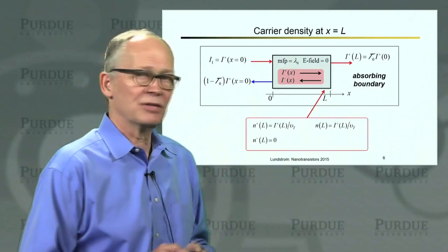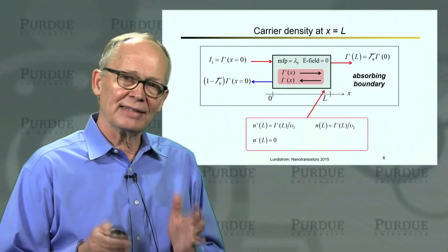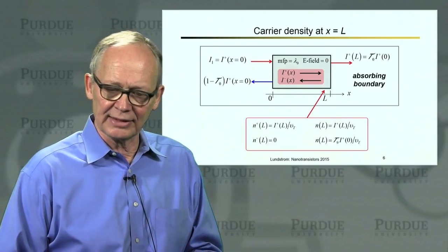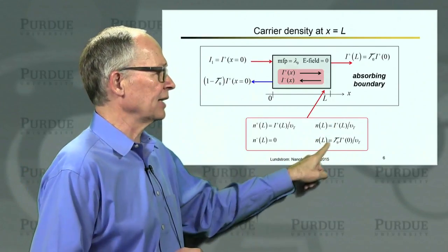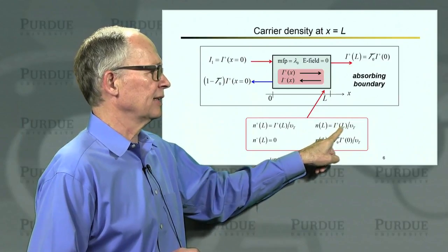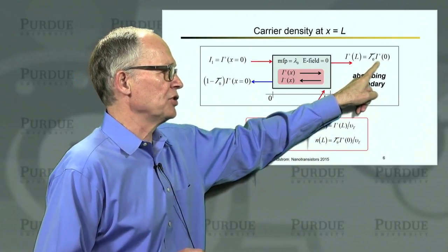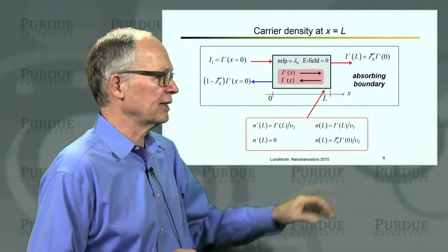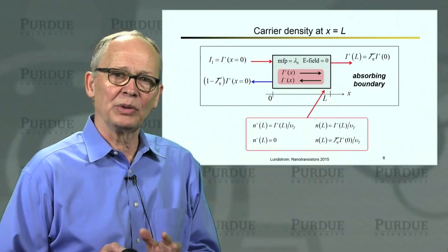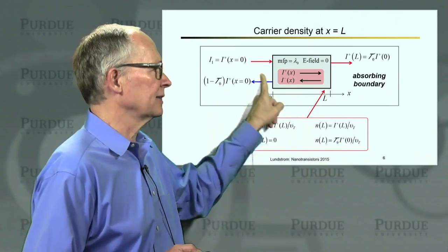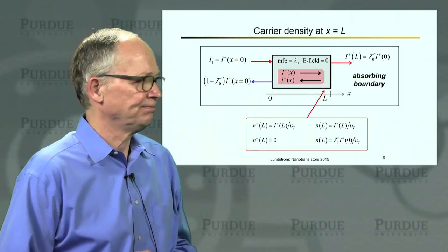So we have an expression for N of L. So I've got the electron density at the two ends of this slab, and the positive flux that emerges is just transmission times the positive flux that was injected. So I've got them all related to the injected flux at x equals 0.